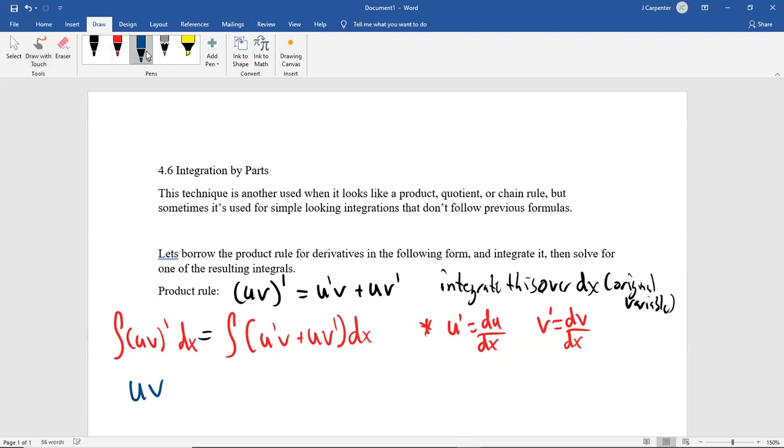We integrated the left side to get that, equals. Now on the right side, where I see u prime, I'm going to write du over dx, and where I see v prime, I'm going to write dv over dx. So the integral of, parentheses, u prime, blue for changing, so that's du over dx, times v.